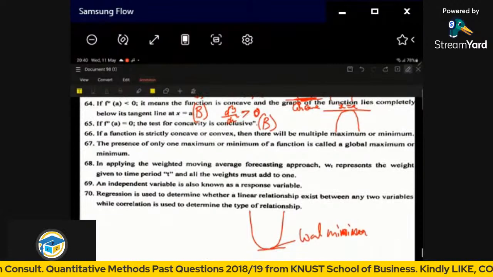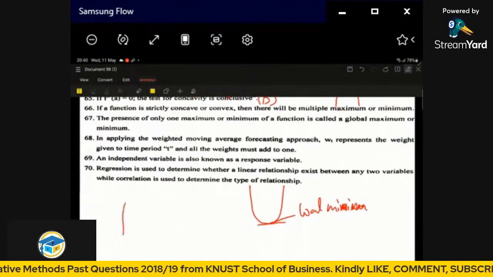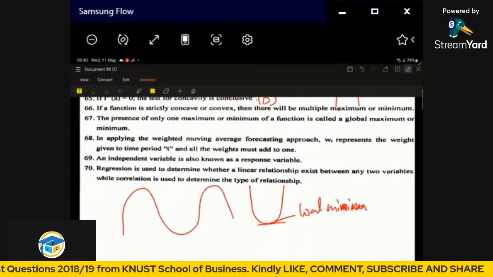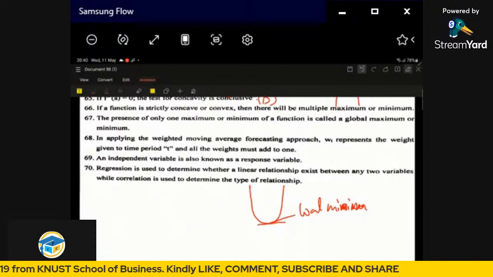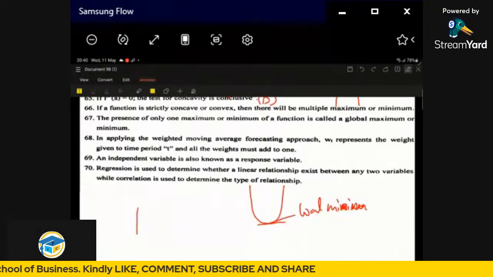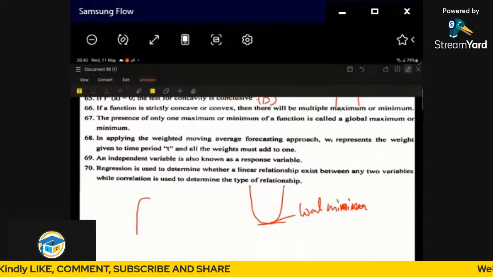But where you have a curve of this nature, let me put it this way so that you appreciate what I'm saying.